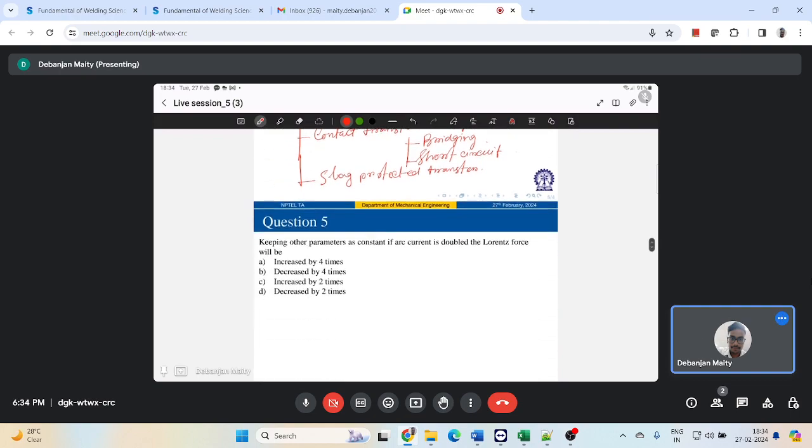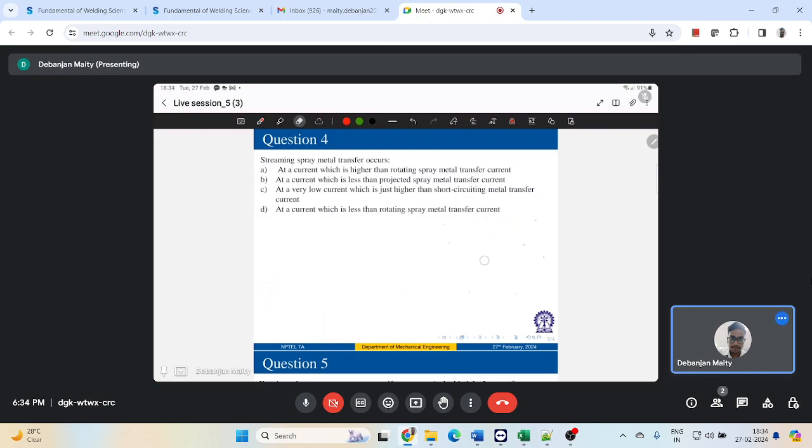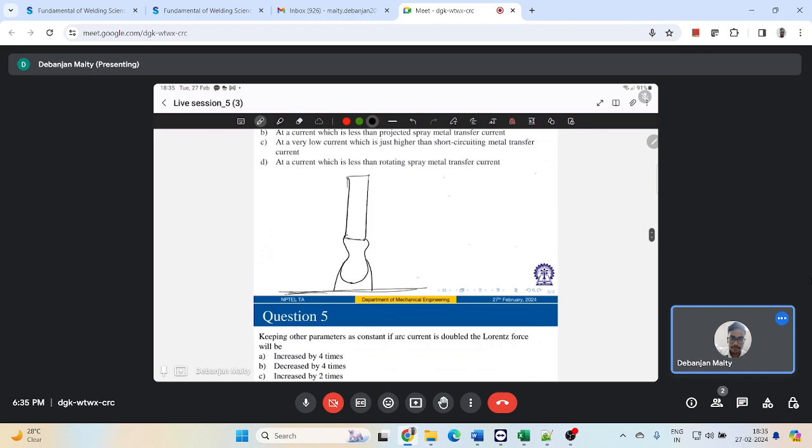Okay, let me rub this out initially. So we have already talked about the forces affecting this metal transfer, right? So you remember, let's say this is my electrode, this is my arc, and over here this is the workpiece.